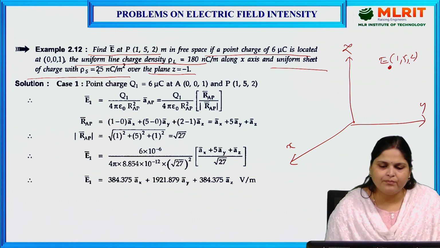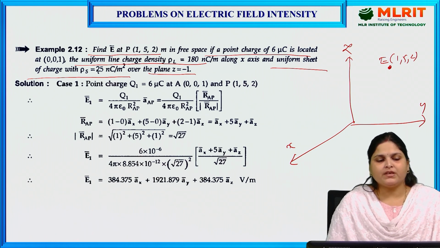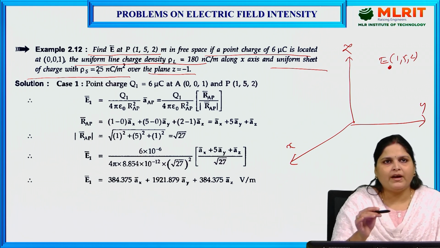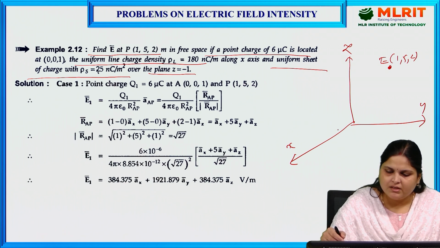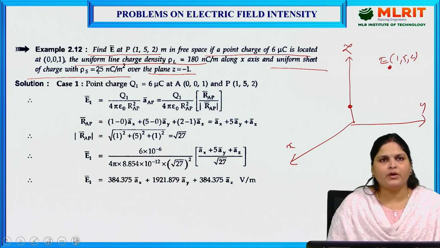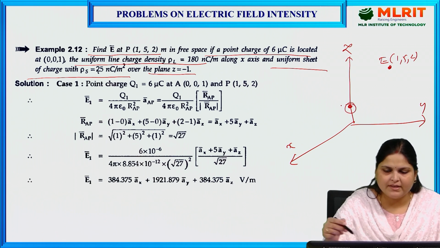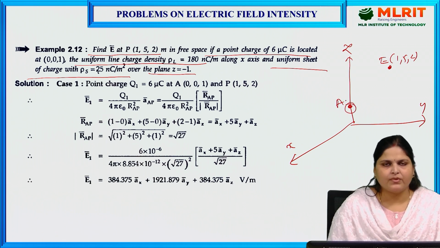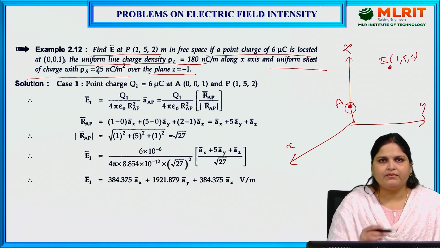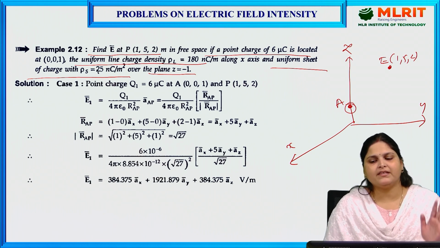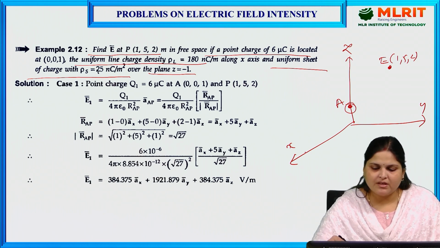The point charge of 6 microcoulomb is located at (0, 0, 1), means X is 0, Y is 0 and Z equals 1, somewhere here, this point charge. Next, the uniform line charge density rho L is given and the line charge is along the x-axis.